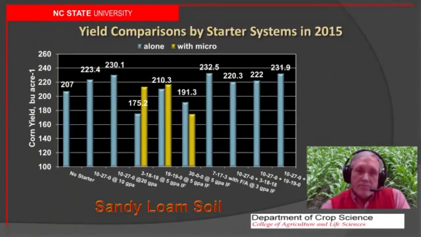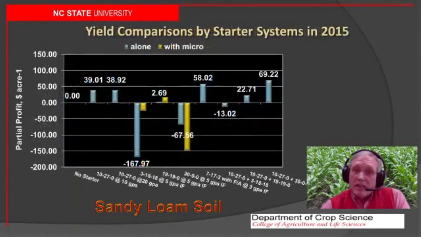So you can see some different approaches there to trying to utilize different nutrients in a starter fertilizer program. If I look at the economic differences, as long as I didn't burn it too significantly with that starter in the furrow, most of them came out in a positive direction. The point I'm making is I'm not so concerned about these ratios. Get enough phosphorus there, get a little nitrogen to go with it.